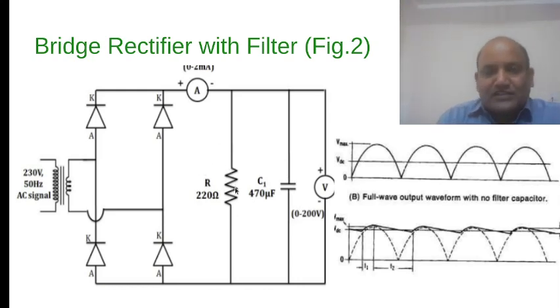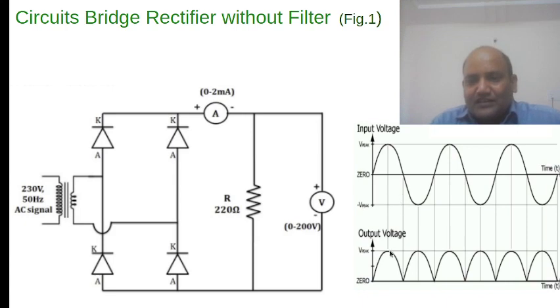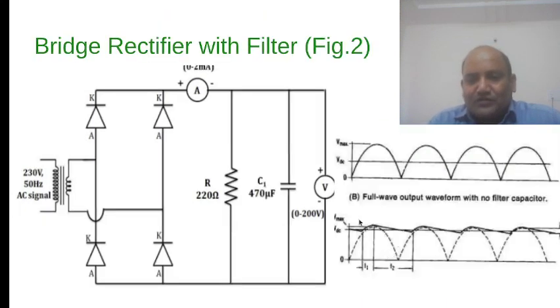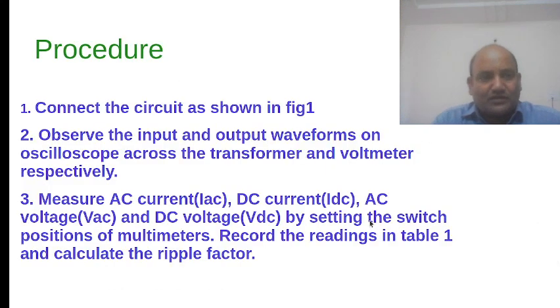Okay, so this is the procedure of how your bridge rectifier converts an AC signal into a DC signal, and further removes the pulsating DC or AC signal from the output.